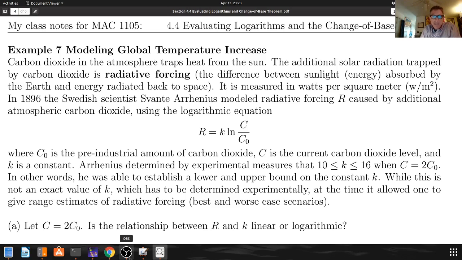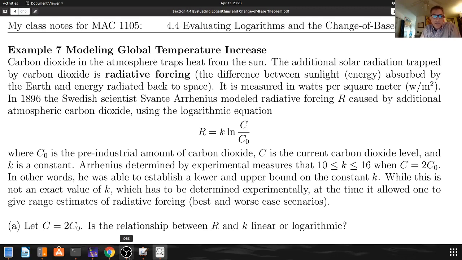Arrhenius determined by experimental measures that K was between 10 and 16 whenever C was twice the value of C naught. So just to explain what's going on here, Arrhenius was able to establish a lower and an upper bound on the constant K. And sometimes that's really important.